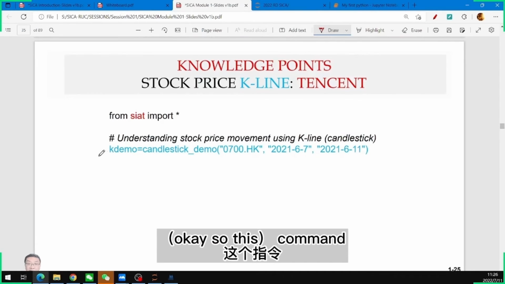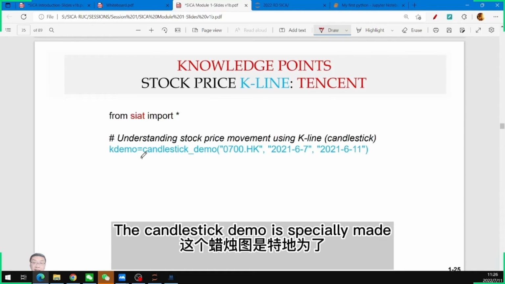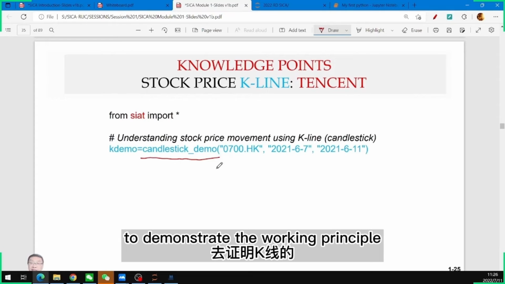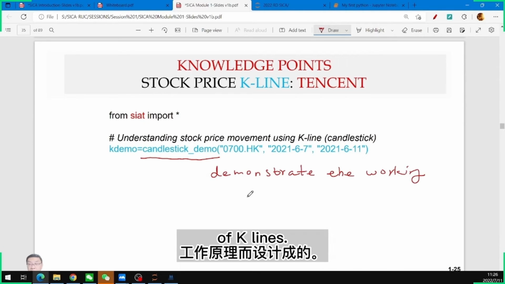So this command, the candlestick demo, is specially made to demonstrate the working principle of K-lines.